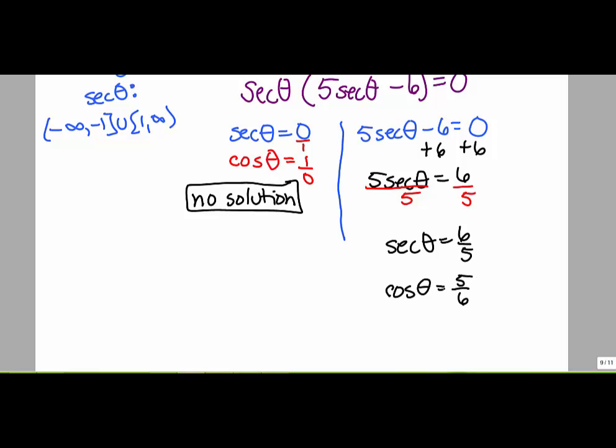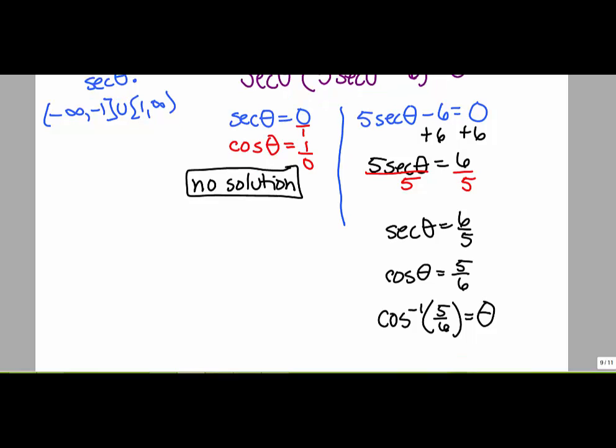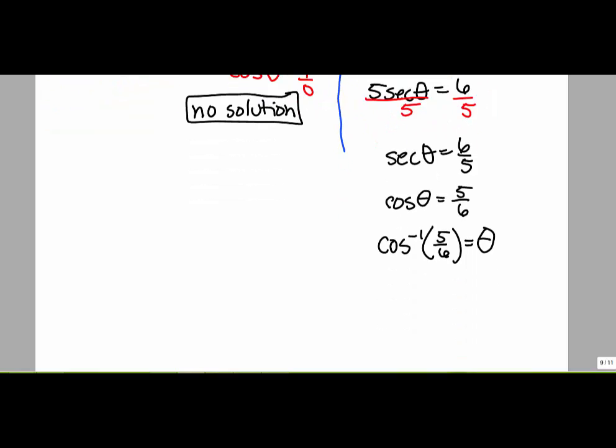Well, once again, not familiar with that cosine value. So let's put this into our calculator. Cosine inverse of 5/6 equals what angle? And once again, we want to keep in mind that we are looking in 2 quadrants for this solution. We are looking in quadrants where cosine is positive, since we're looking for a positive cosine value, which would be quadrants 1 and 4.